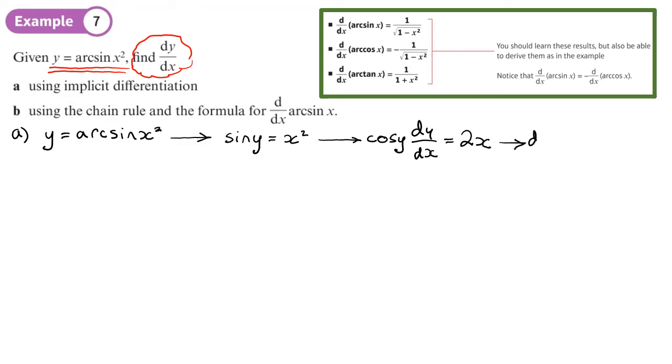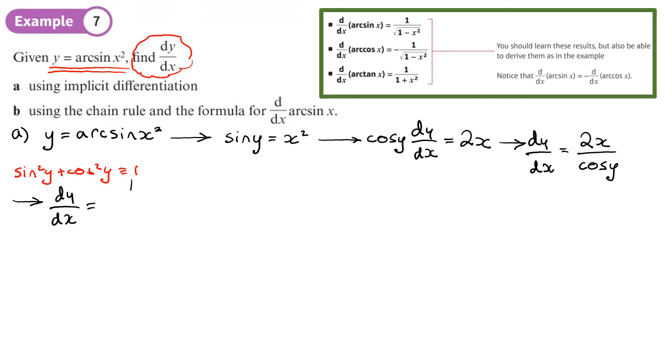We rearrange to make dy dx the subject, so we'll have 2x over cos y. Now we use sine squared y plus cos squared y is 1, and we can use that to change the cos y to the square root of 1 minus sine squared y. So that'll be 2x over the square root of 1 minus sine squared y.